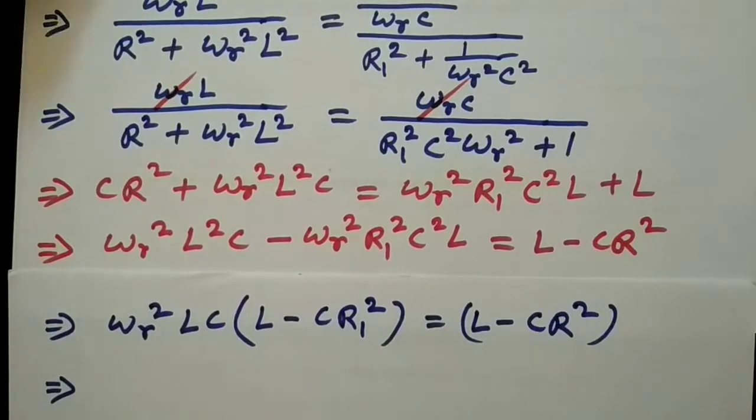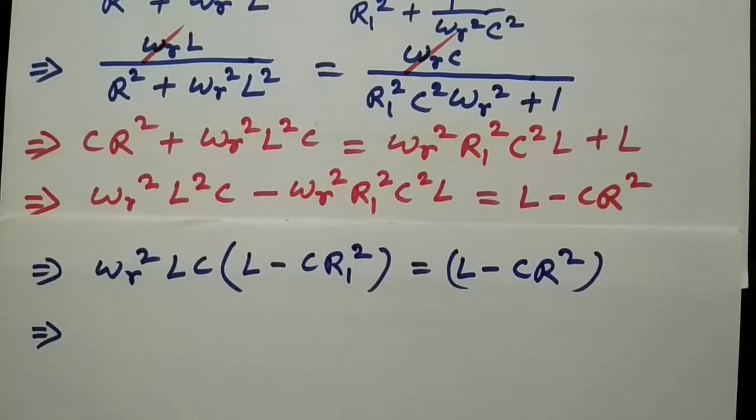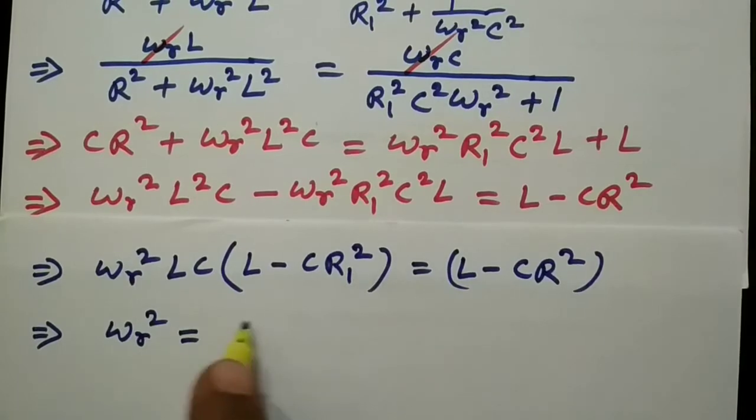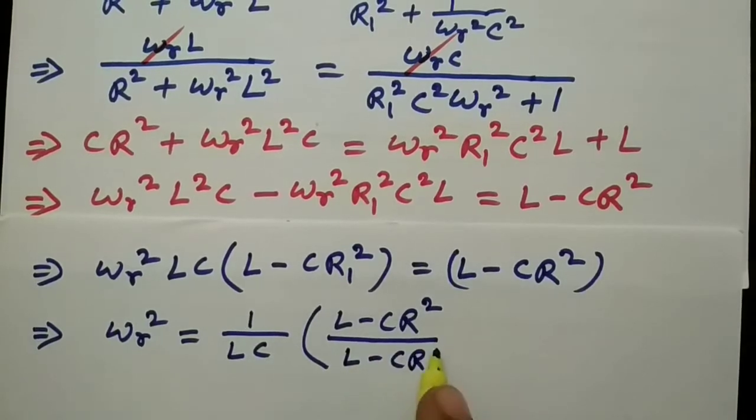So the next is omega R square can be written as 1 upon LC and L minus C R square upon L minus C R1 square.